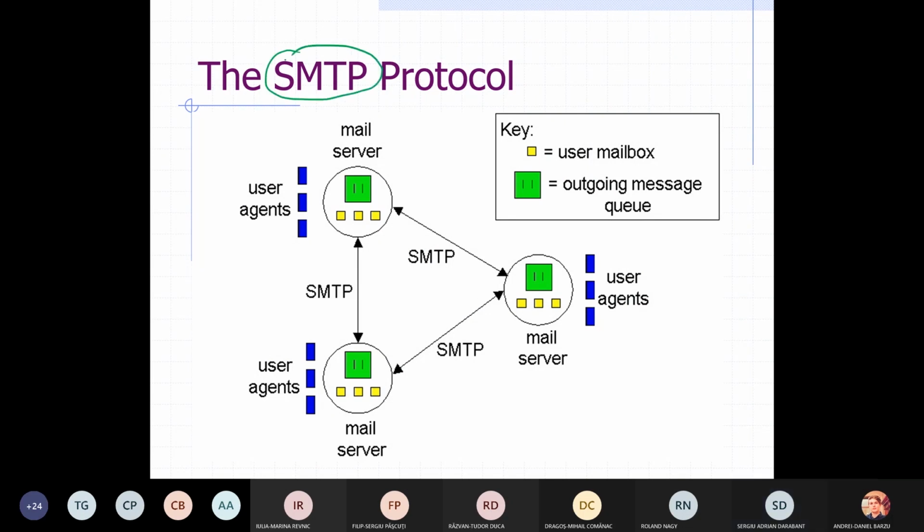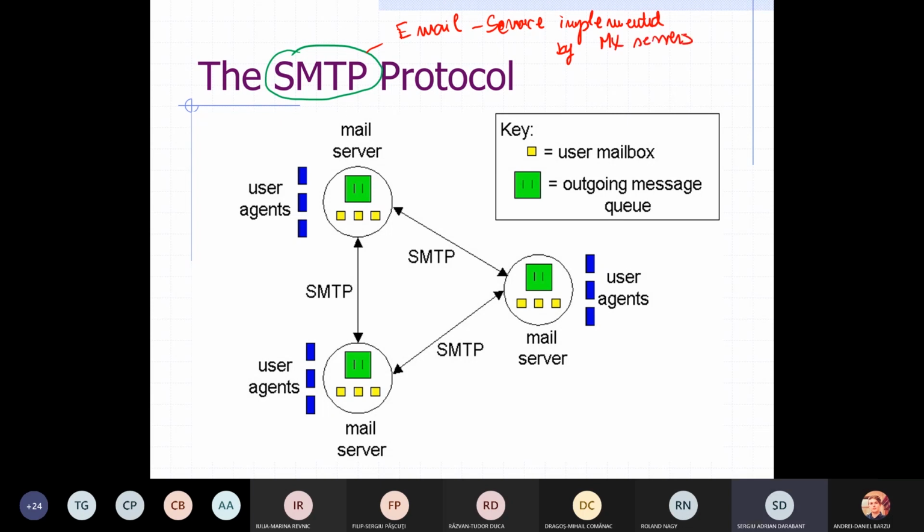The SMTP protocol is the one that handles email. SMTP is the service implemented by MX servers.